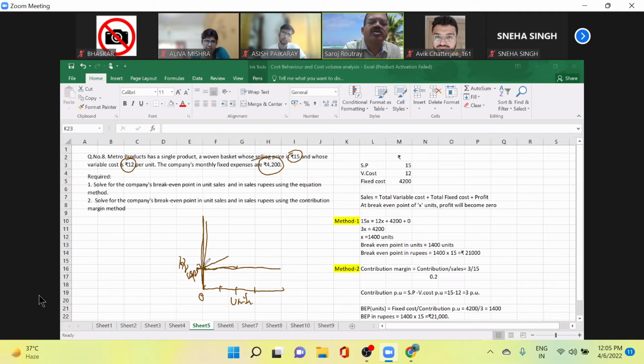So variable cost component is going like this. This part is variable and this is fixed. This is the total cost line.